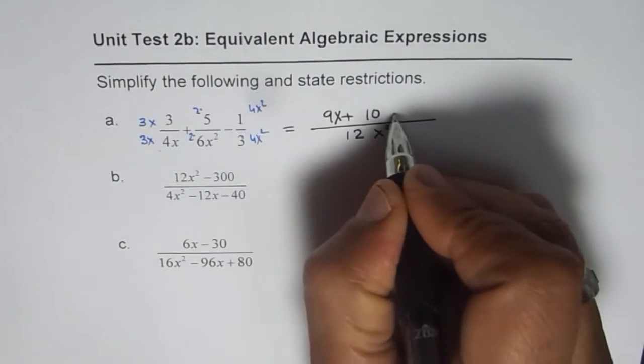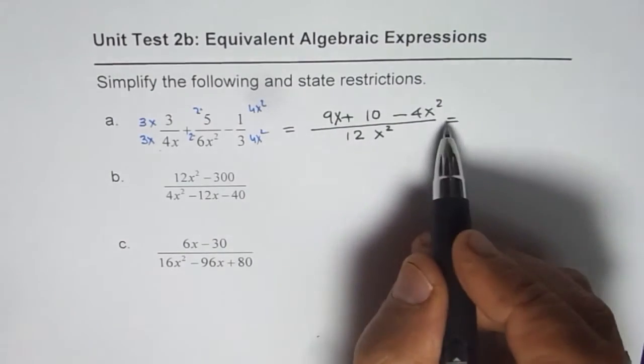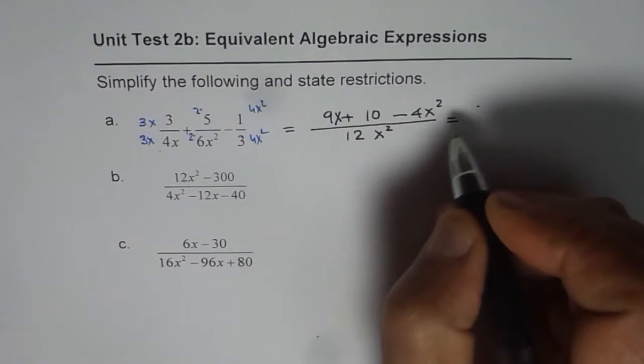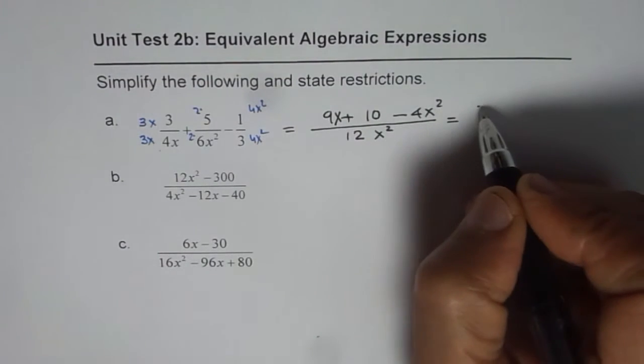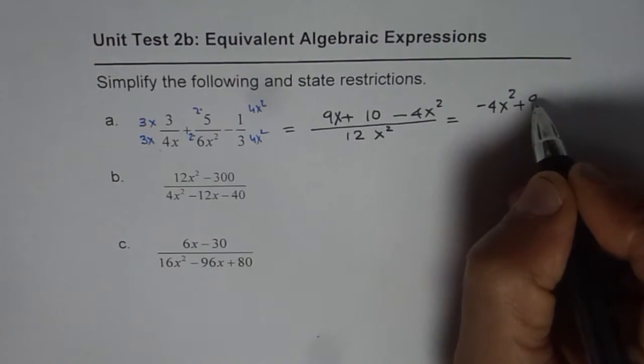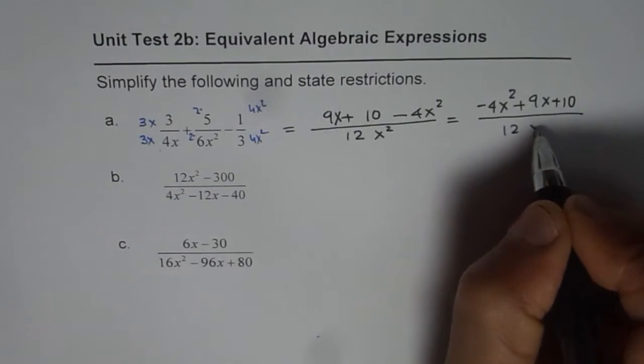And for the third, minus 4x squared. Now we can combine and write down our answer, right? Well, nothing is common. So we can write minus 4x squared plus 9x plus 10 divided by 12x squared.